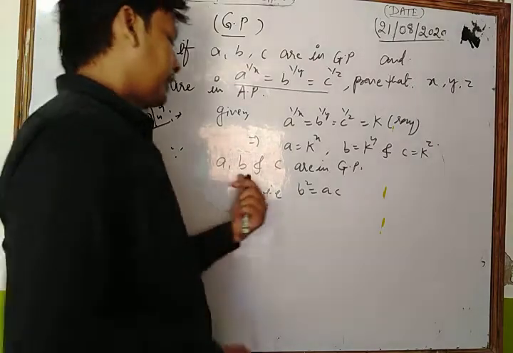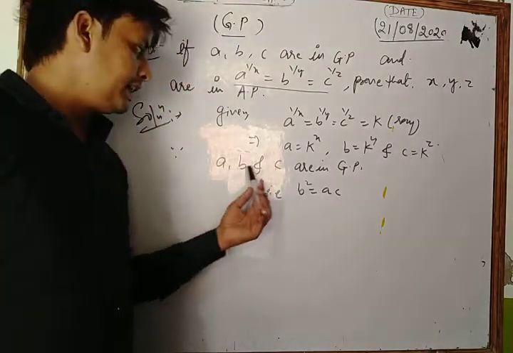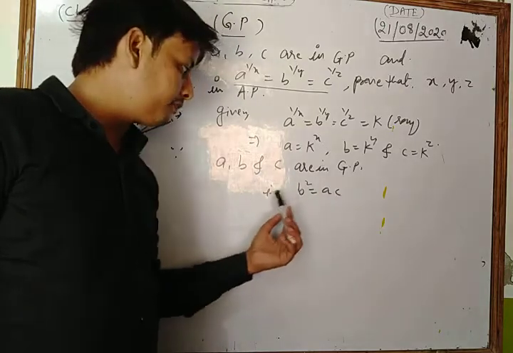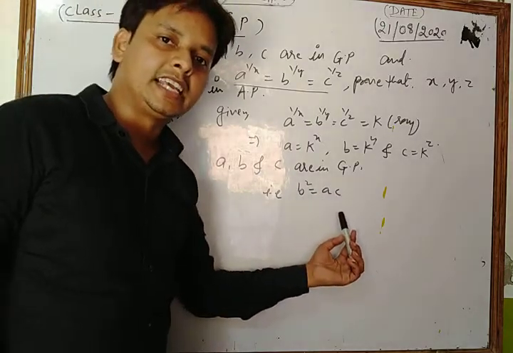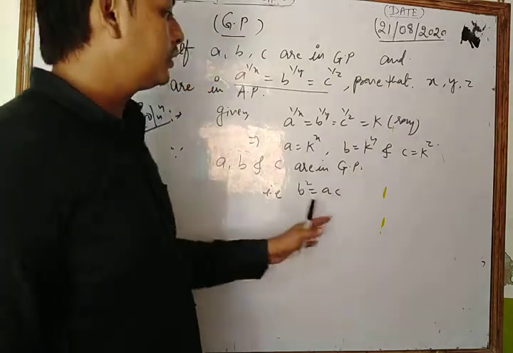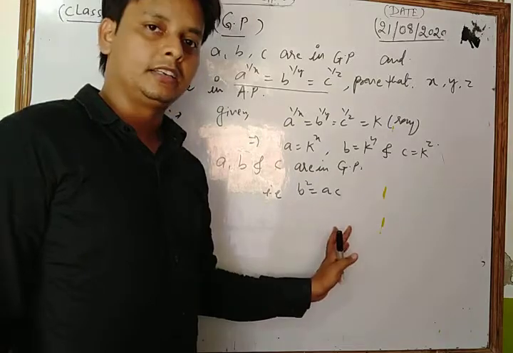Let's see, dear students, since a, b, c are in GP, we have b square is equal to what? AC, right? B square is equal to AC. Now we put the values of a, b, c in that equation.